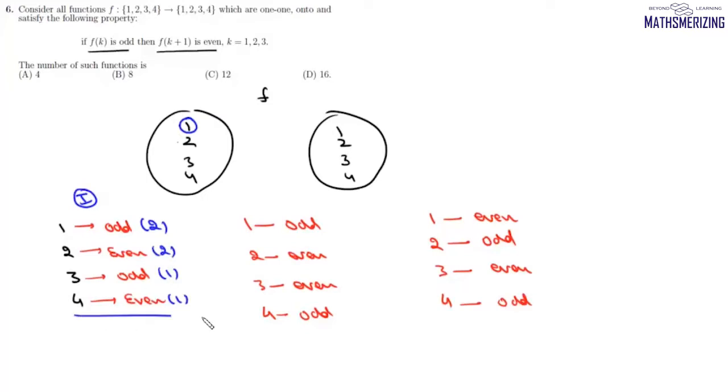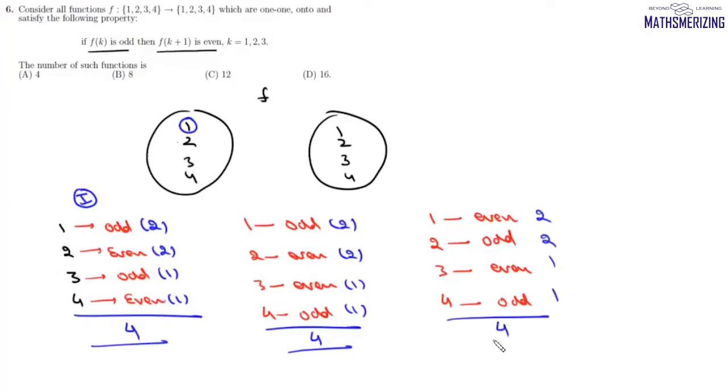So total number of such functions will be simply 4. Again for the second one, 2 choices here, 2 choices here, 1 here and 1 here. So again we have 4 choices. Now for this one, 2, 2, 1 and 1, again we have 4 choices. So total number of such functions will be 4 plus 4 plus 4, which is 12, and that's your option C.